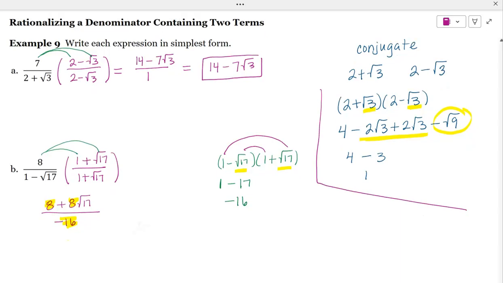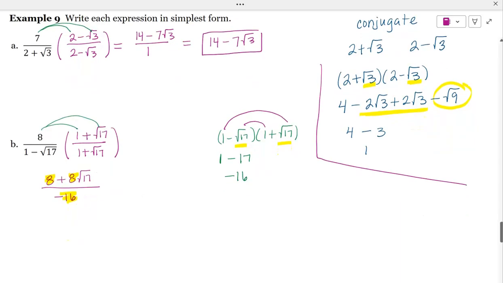So I can rewrite this to be 1 plus square root 17 over negative 2. And if you don't like that negative in the bottom, you can move it up to the top. Negative 1 minus the square root of 17 over 2.